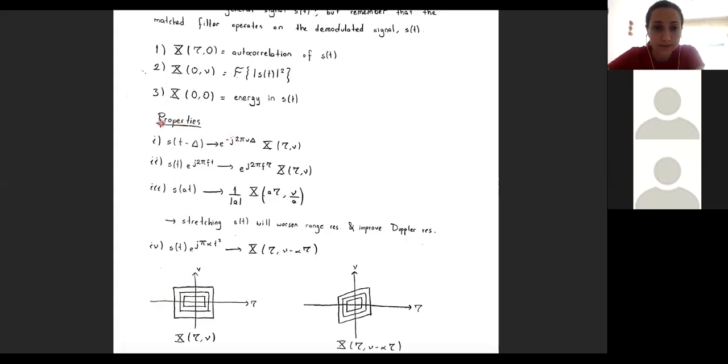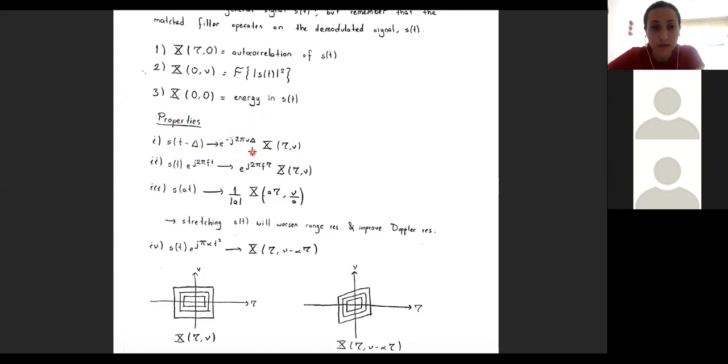So let's also discuss some important properties of the ambiguity function. If your demodulator output is a delayed signal, the effect of this delay on the ambiguity function will be just a modulation of this ambiguity function with this complex exponential.